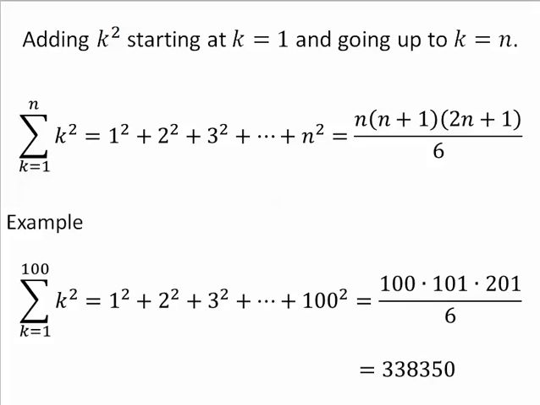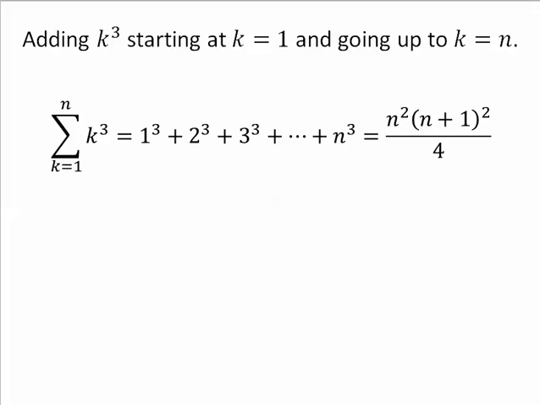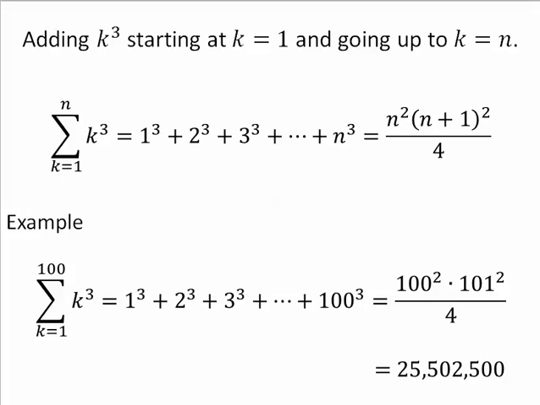So if you were to add up your first 100 perfect squares, you would get this value. And there's a formula for adding up the first 100 perfect cubes. And as you can imagine, it's a fairly large number.